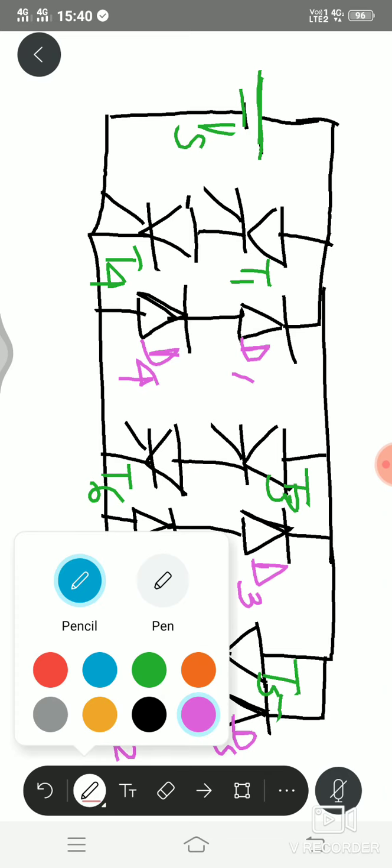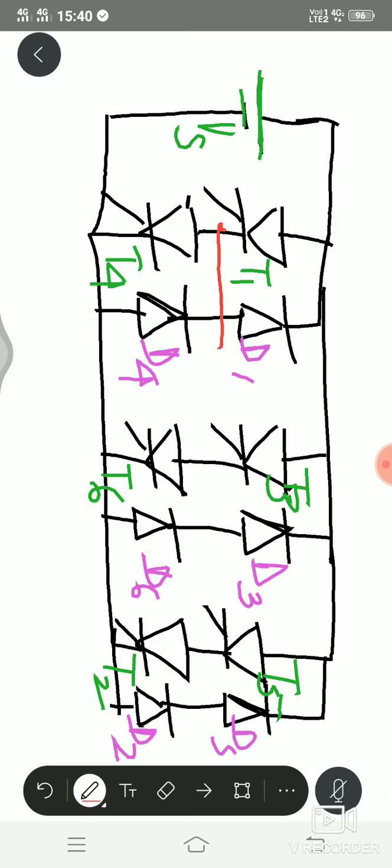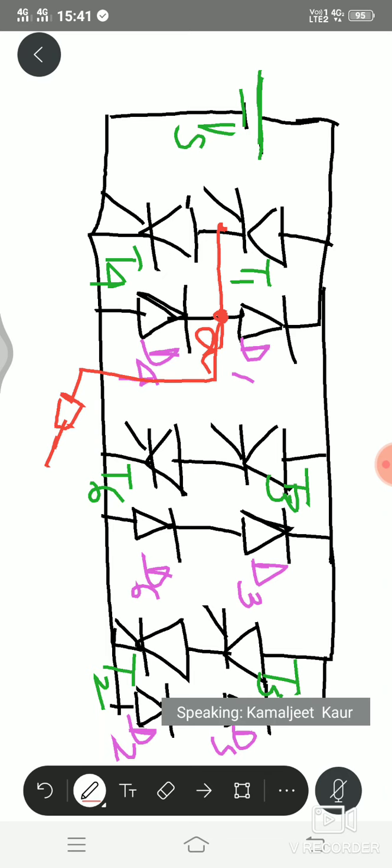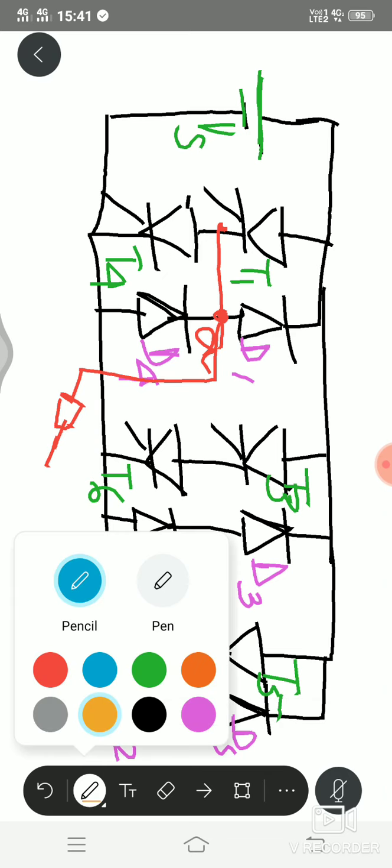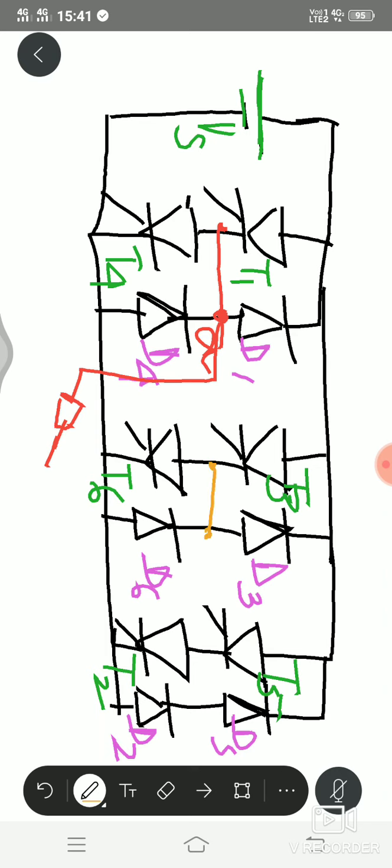We have to connect the load, we haven't connected till now. So these 2 points are shorted. Let it be point A. This is the red phase, then yellow phase.